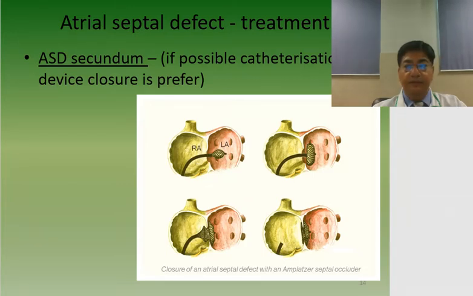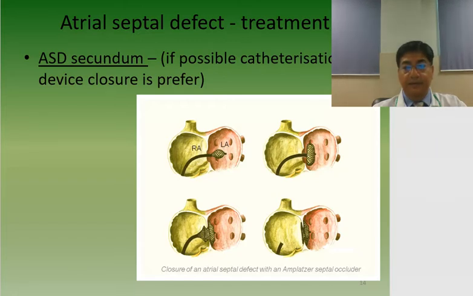When increased blood flows through the pulmonary valve, it will give a flow murmur of ejection systolic type, and there will be a fixed splitting because the splitting phenomenon is lost due to the communication between the two upper chambers, and the second heart sound will be a little loud because of the volume overload to the lungs.